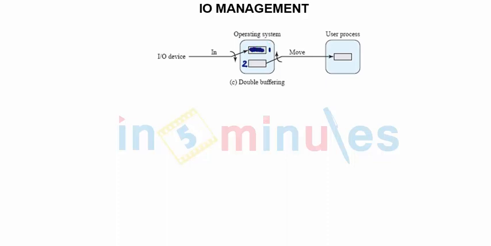When this buffer is getting filled, the other already filled buffer is getting consumed by the process. So both of them would work in a zigzag manner in filling. When the IO device fills one, the other which is already filled will be used by the process.